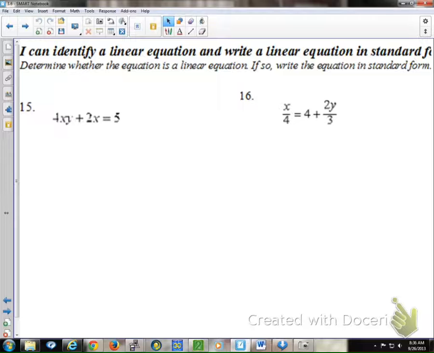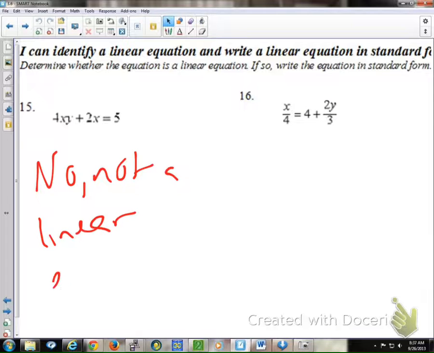But in the book, I saw several people find yesterday that they said if you have a component that has multiple variables in it, even if they are just x and y, if there are multiple variables on one single element, then no, it is not a linear equation. So, 15 from your book was no, not a linear equation, and the reasoning was that it had multiple variables in one term. Right here.